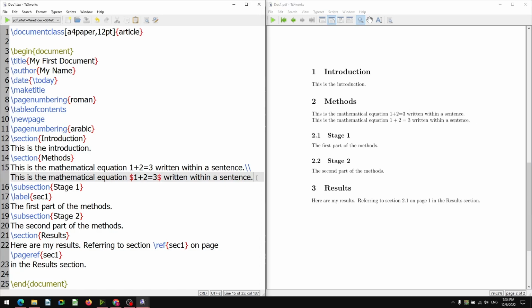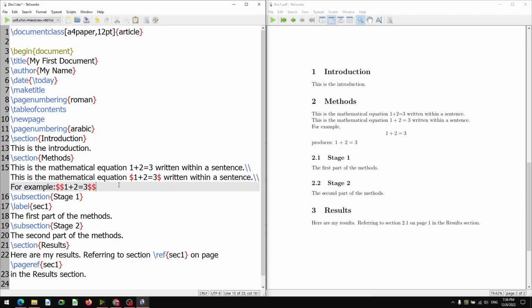Now you can give 2 backslashes to start a new line. Now if you want a displayed equation, or we can say a separately displayed equation on its own line, so the equation will be displayed on its own line and not within the text, then we can use double dollars at the start and at the end of the equation.